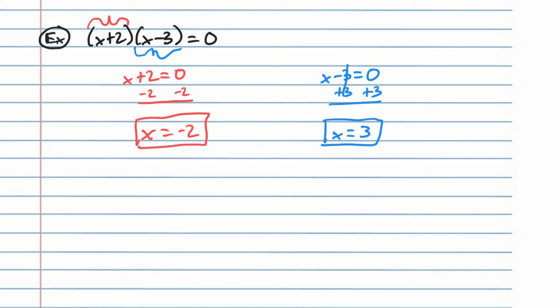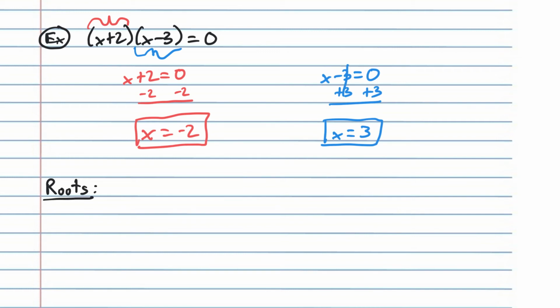That's essentially what we're doing: once we have these in factored form, we just make separate equations because either one of them would work. Last little vocabulary term: sometimes they refer to these answers as roots.